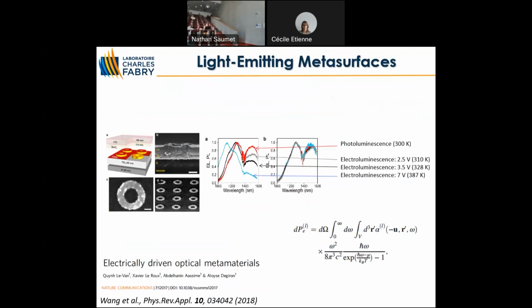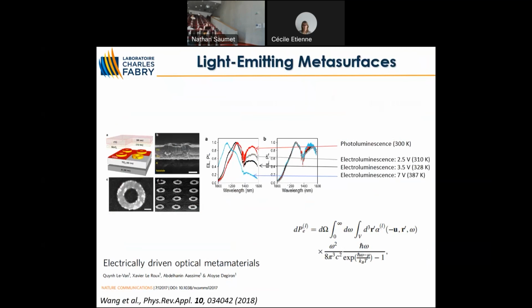This is an interesting set of measurements done by Aloïs de Giron, where there are different electroluminescence and photoluminescence curves with different spectra. He was very puzzled to have the same sample with so many different spectra. And it turns out that we could explain the differences by just fitting all those data and assuming that the local temperatures were different and the local chemical potentials were different.